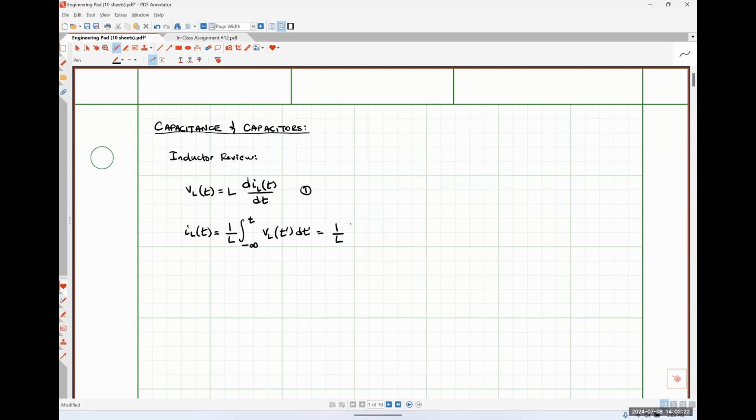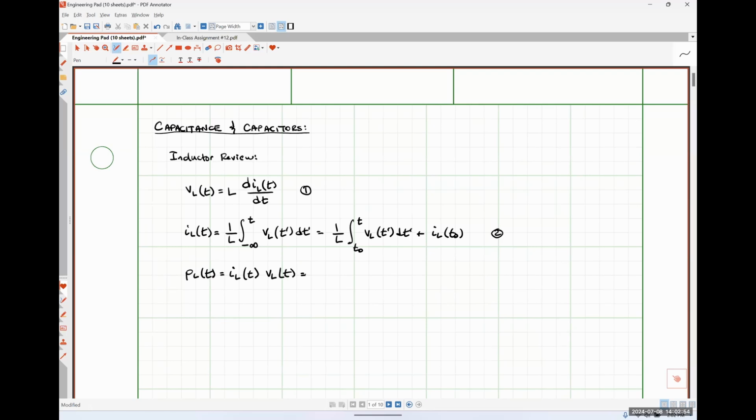And we also express this as the integral from t naught to t of the voltage drop across the inductor plus some initial condition on the inductor current. We'll call this equation 2. Our third equation was related to the power absorbed by an inductor, which could simply be expressed as the product of the current and voltage.